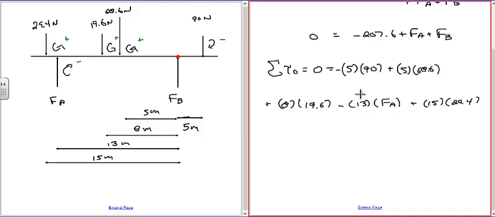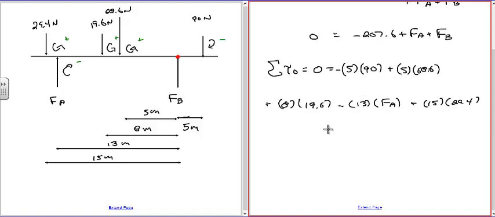Okay, so let's add all the stuff not involving F sub A together. So you're going to have negative 5 times 90 plus 5 times 68.6 plus 8 times 19.6, and then skip over the next term, plus 15 times 29.4.